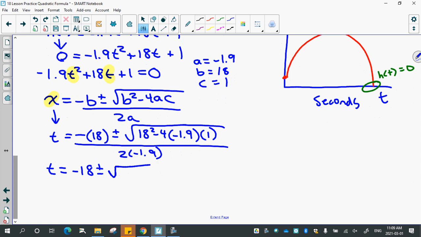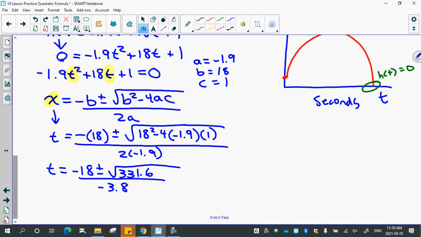Then you want to get the number under the square root sign, so that's going to be 18 squared minus 4 times negative 1.9 times 1, which is 331.6, over negative 3.8.